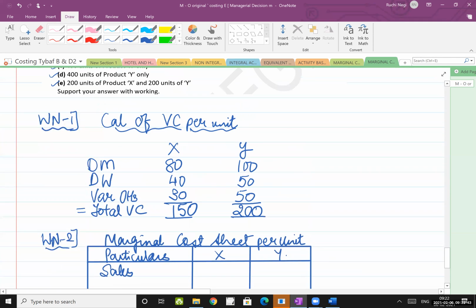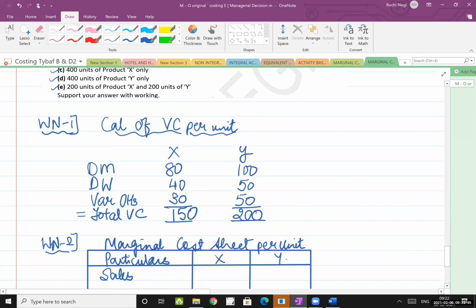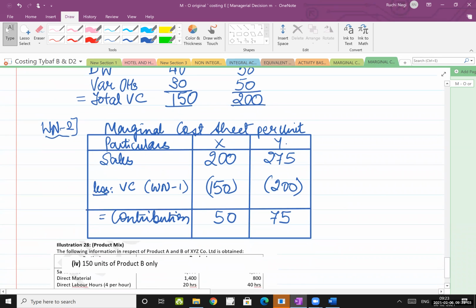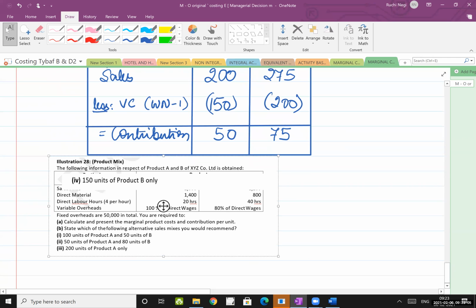How much is my sales? 200 and 275. Variable cost we just calculated: 150 and 200. So my contribution is how much? 50 and 75. Okay, make a note of all this.